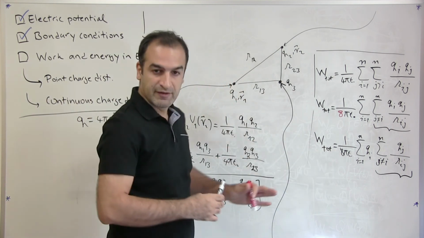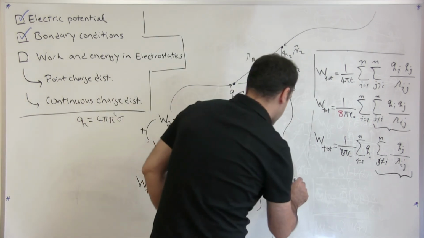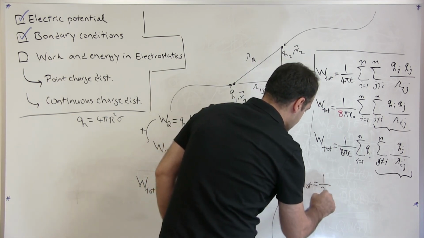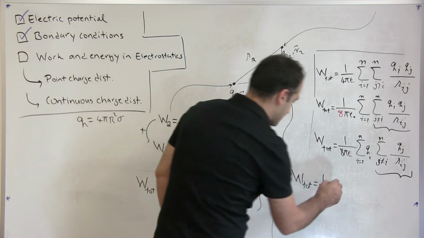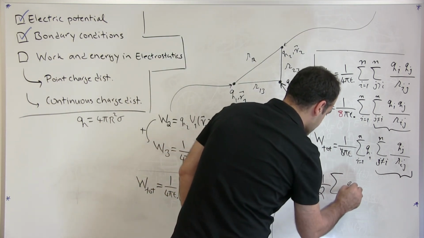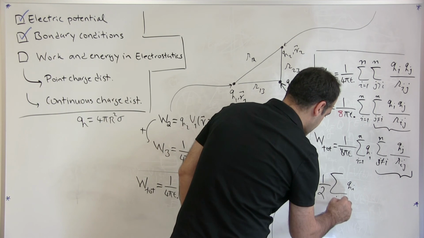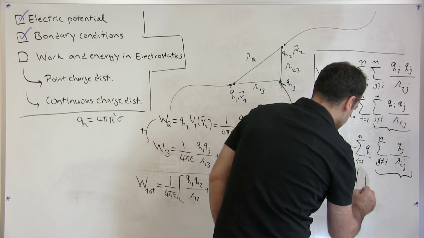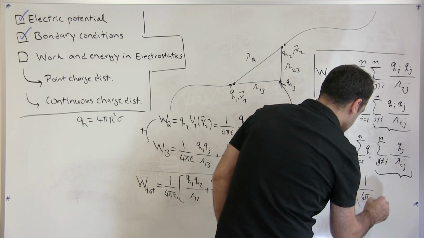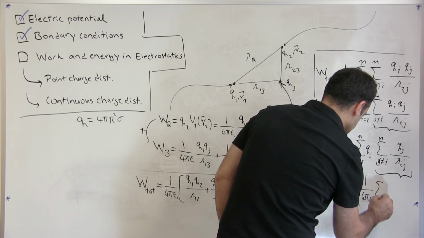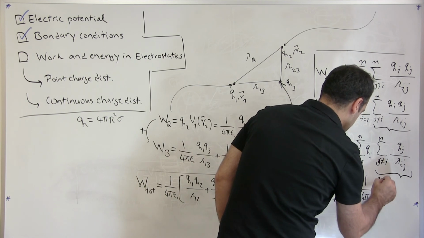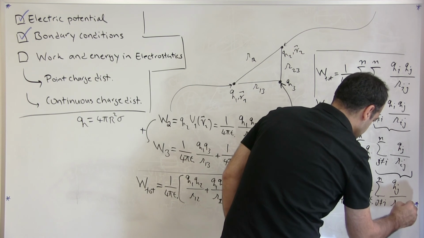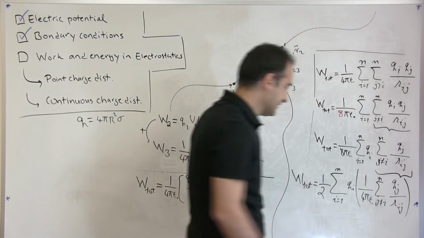Okay, so if I want to rearrange this a little bit, I'm going to write W total is, I keep 1 over 2 here, and I do sigma over q_i, i from 1 to n, and in parentheses, 1 over 4 pi epsilon 0, sigma over j not being equal to i all the way to n, q_j over r_ij.